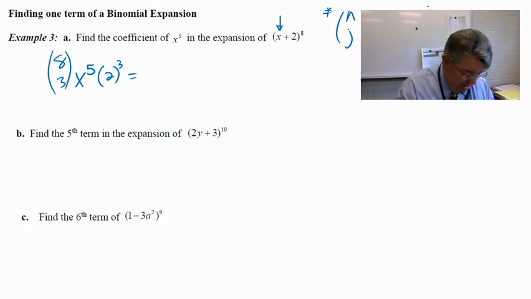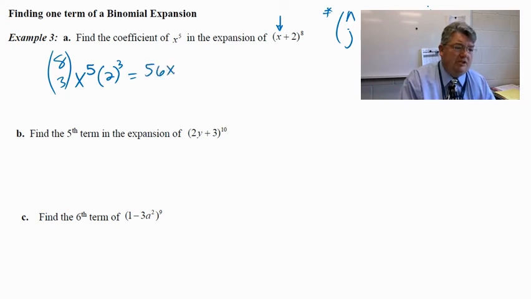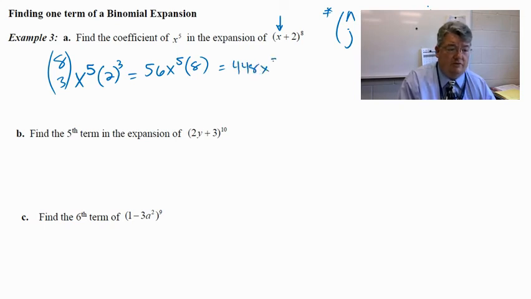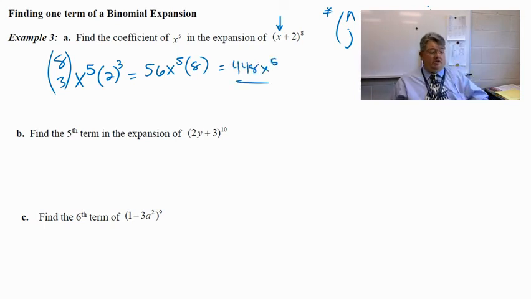So 8 choose 3 gives me 56, times x to the fifth times 2 cubed is 8, and 56 times 8 is 448 x to the fifth.